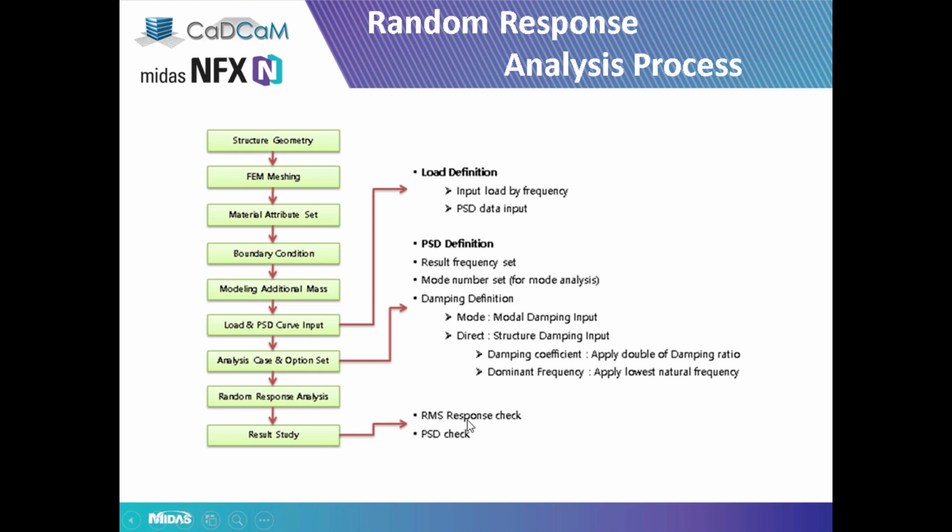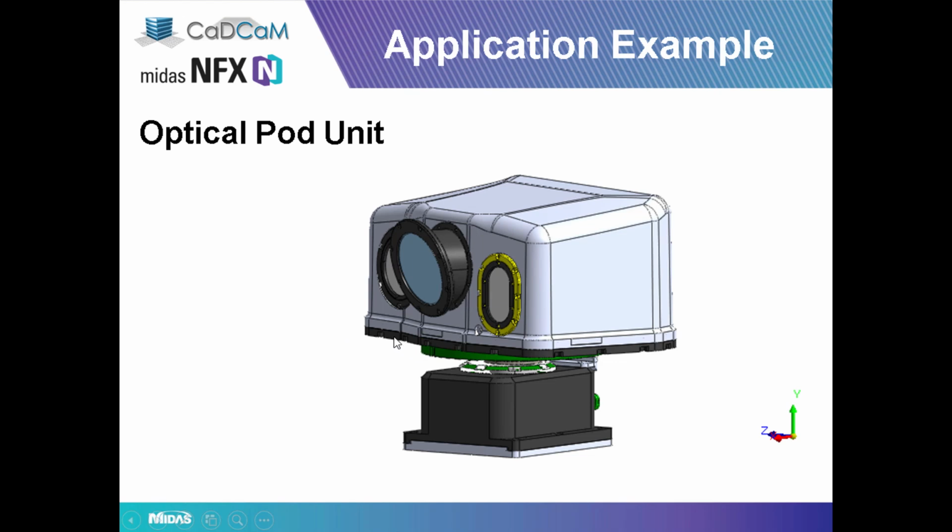We can get the RMS response check from the point of view of stress and deflection, and we can get the response of PSD at each point of the system.